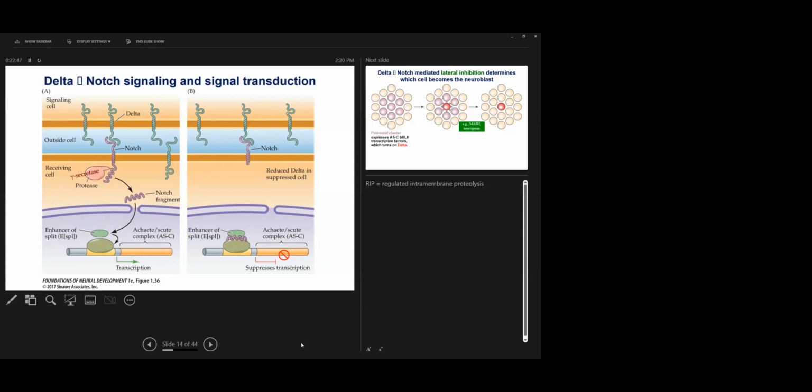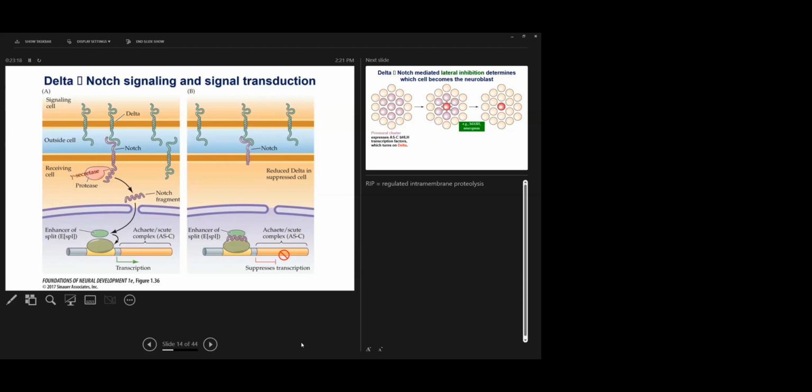In the other scenario, you have a reduced expression of Delta, so Delta is not sufficient and Notch does not get activated. You do not have the intracellular domain cleaved, and the Enhancer of split is bound to the intracellular domain of the Notch receptor, so it is not free.